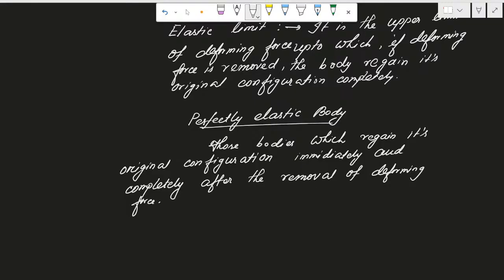That means it will sustain the deformation. So that deformation must be there. It will have a certain amount of deformation within it. So that is basically a plastic body.